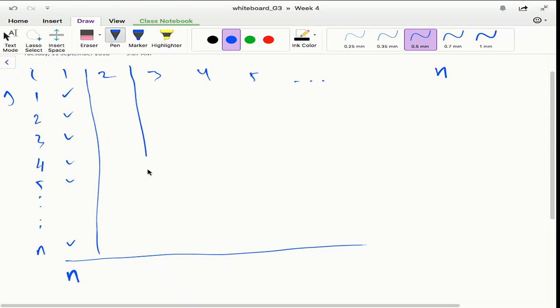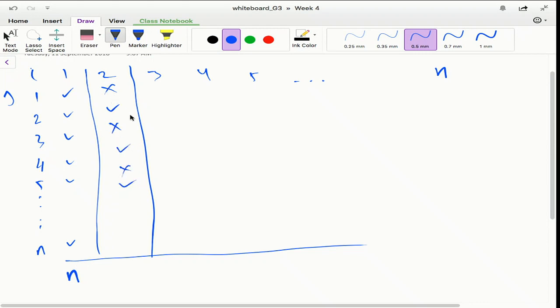Now when i equals 2, we will only go inside the condition here if j mod 2 is 0. Which means that 1 is not divisible by 2, but 2 is divisible by 2, right? 3 is not, 4 is, 5 is not, 6 is.